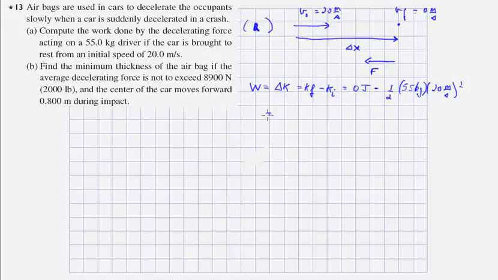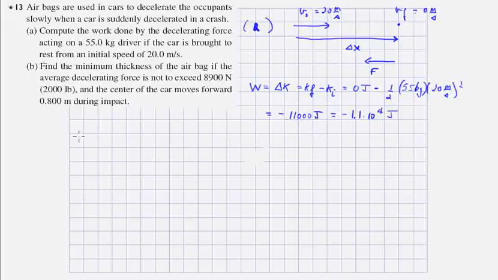And the number that comes out is minus 11,000 joules. And if we write that in scientific notation, that's minus 1.1 times 10 to the 4th joules. 1, 2, 3, 4 joules.